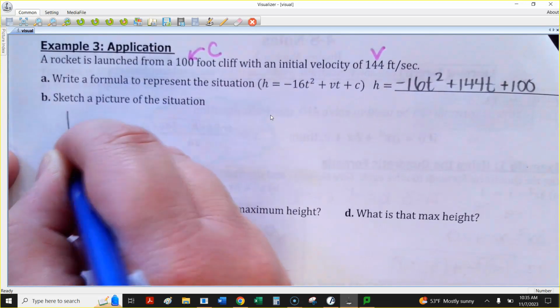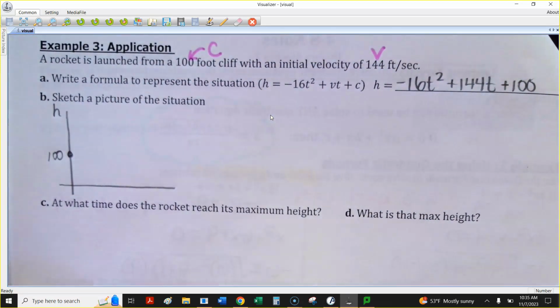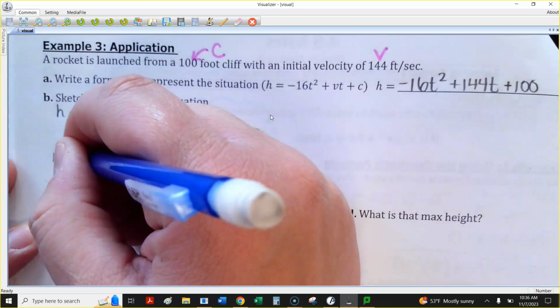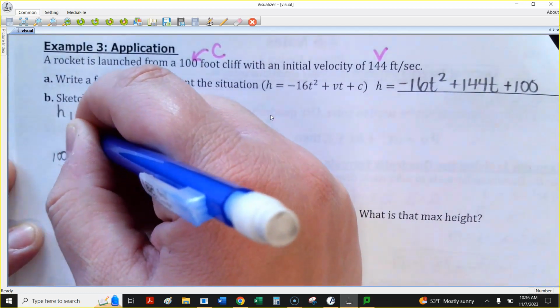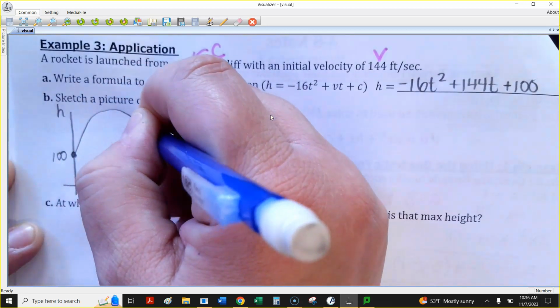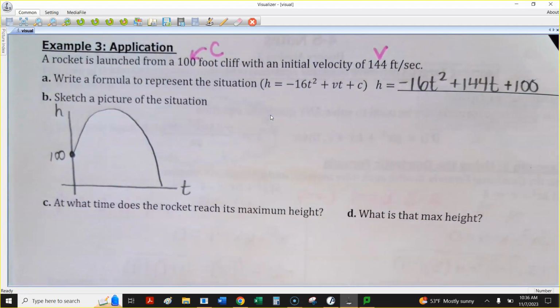I'm going to mark that on my y-axis, which represents the height of your rocket, and the x-axis is going to represent time. So it's going to launch from somewhere up on this cliff. We would launch the rocket in the air. This is going to create a parabola shape, but the force of gravity is going to eventually bring it back down to the ground. So maybe something like that.